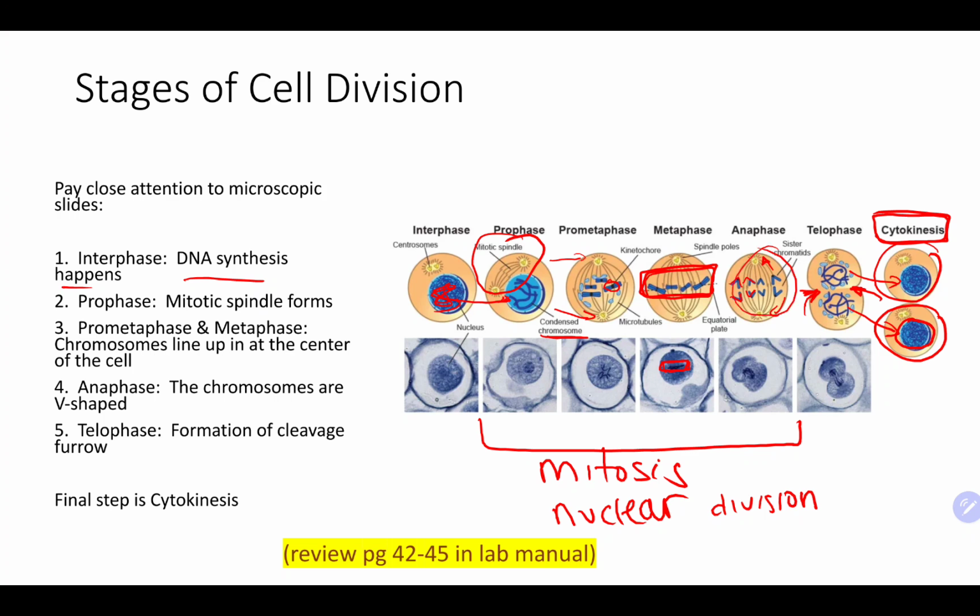That's why we call mitosis nuclear division, whereas cytokinesis, because that cleavage furrow was developed in telophase, is what we call cytoplasmic division, because we're simply dividing the cytoplasm. So understand what's happening in these phases and what they look like under a microscope, okay?